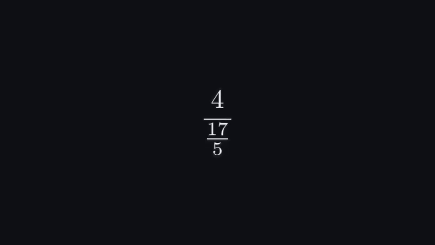So the whole expression becomes 4 divided by 17 over 5. Now we rewrite the complex fraction as division: 4 over 17 over 5 equals 4 divided by 17 over 5.